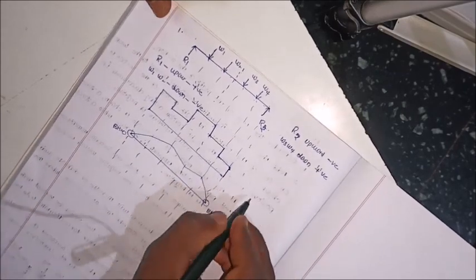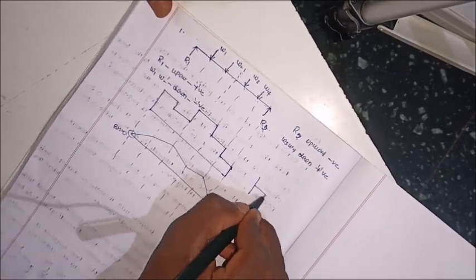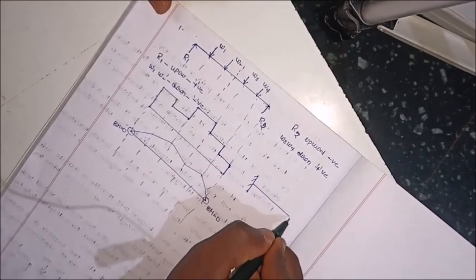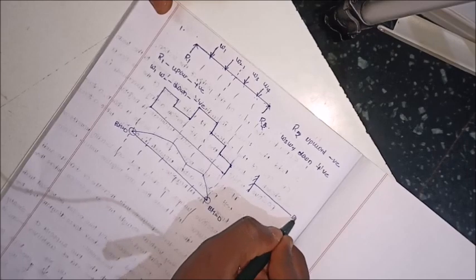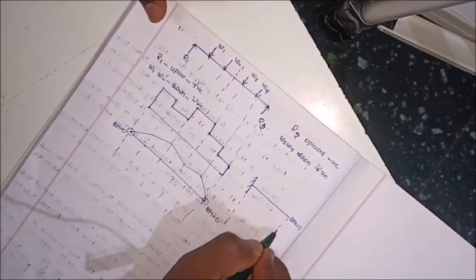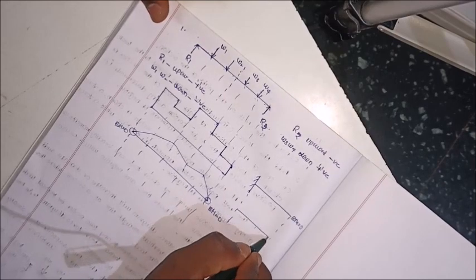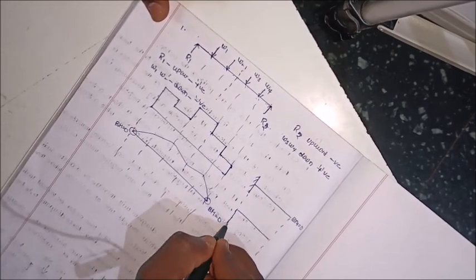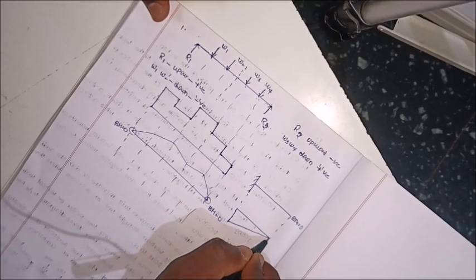In the same way, take a cantilever beam. A cantilever beam is nothing but a beam with one end fixed and the other end free. Here the bending moment value at the free end will be equal to 0. If we draw the bending moment diagram for this cantilever beam, it will look like this.